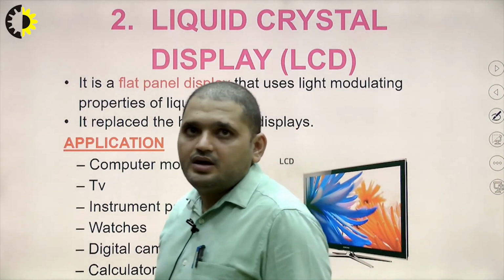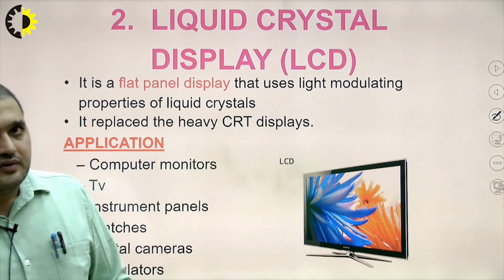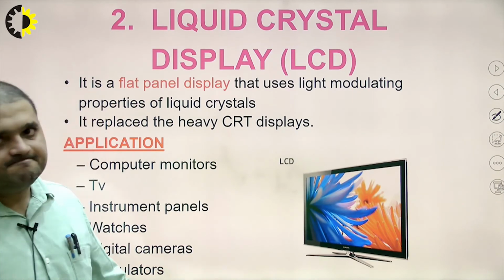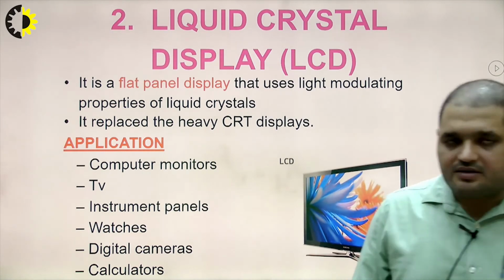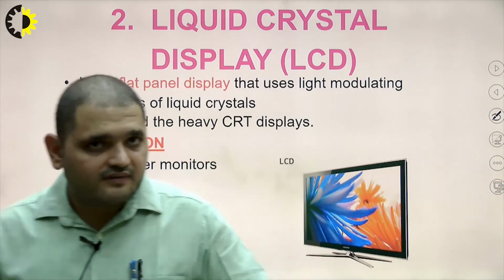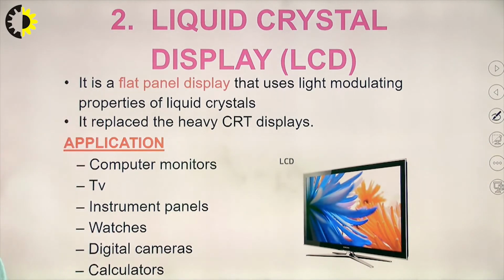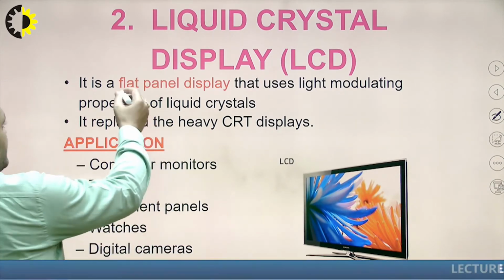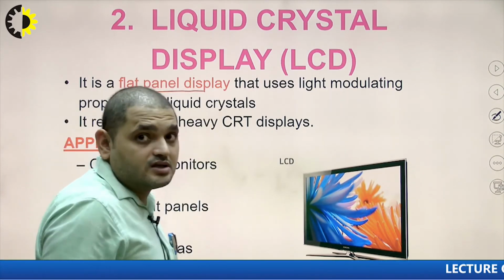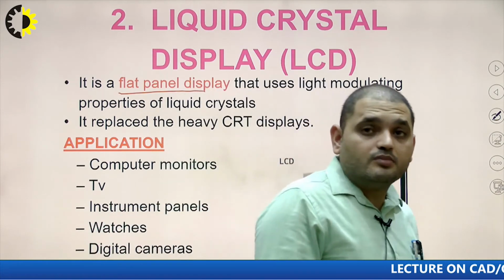Now come to the liquid crystal display. After CRT this LCD was developed, and many of you have seen LCD monitors, very thin type. They are not so bulky and they are very power efficient. Okay, so it's a flat panel display that uses the light modulating properties of liquid crystal.